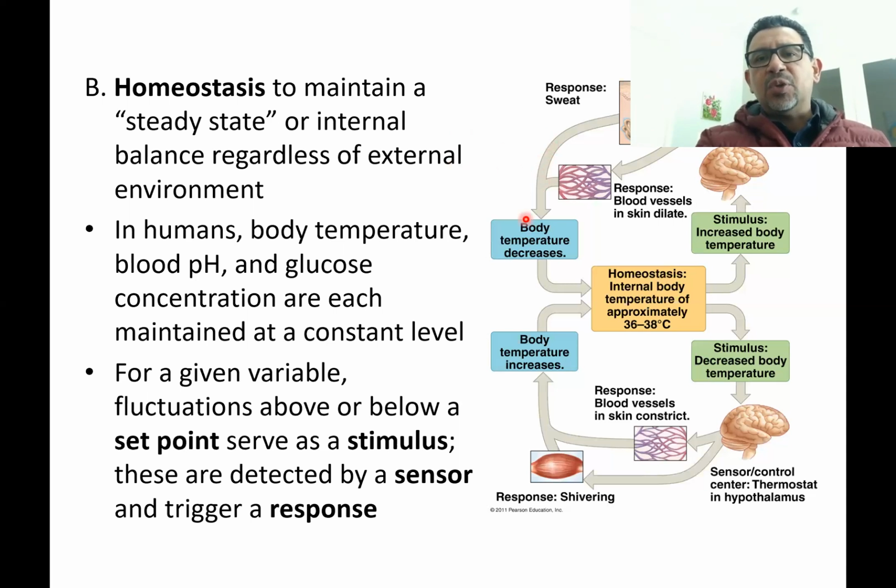That leads to a decrease in temperature, and that decrease in temperature will be, once again, the stimulus that restores the steady state. There's going to be no more production of sweat. This is going to be shut down.